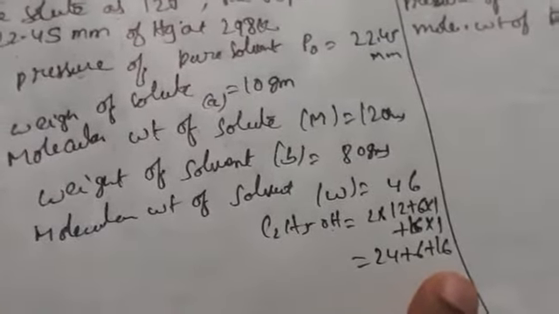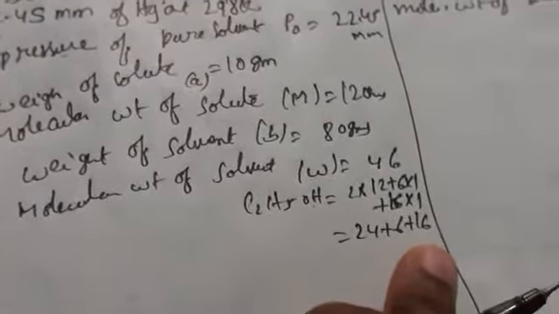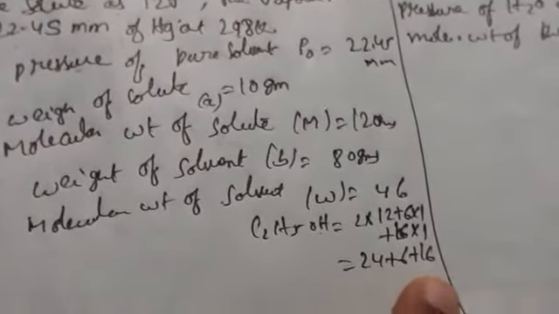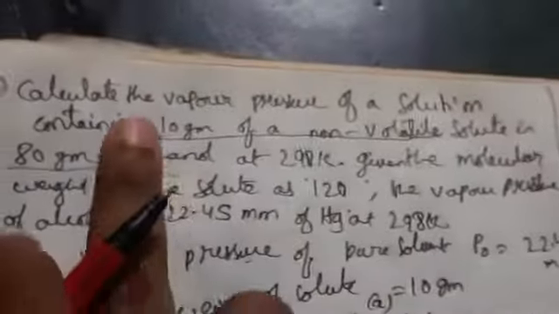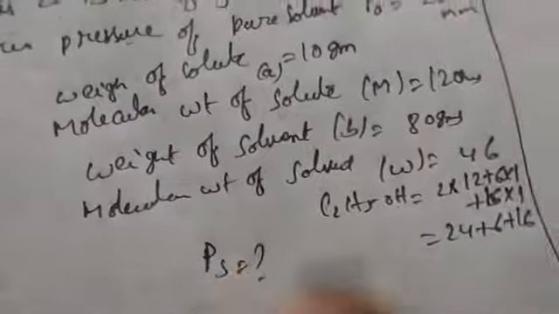So now we have got W. So P naught, we are having A, M. What he asked is to calculate the vapor pressure of solution, means PS we have to find here.